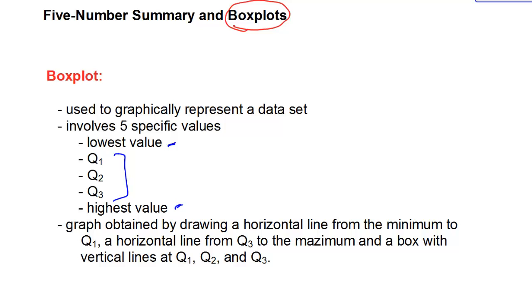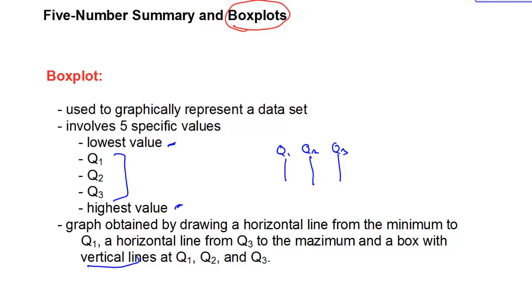What we do is we're going to put on our graph Q2, Q3, and Q1 as vertical lines, not horizontal, as vertical lines. Sorry.